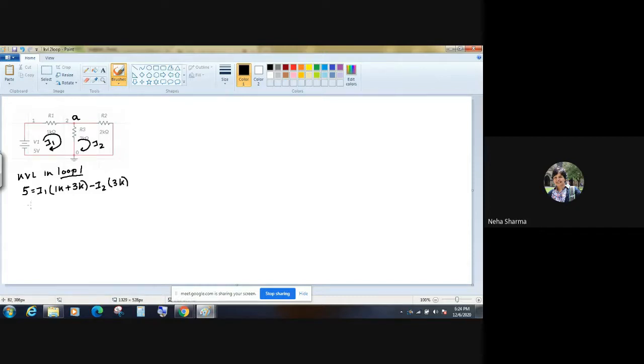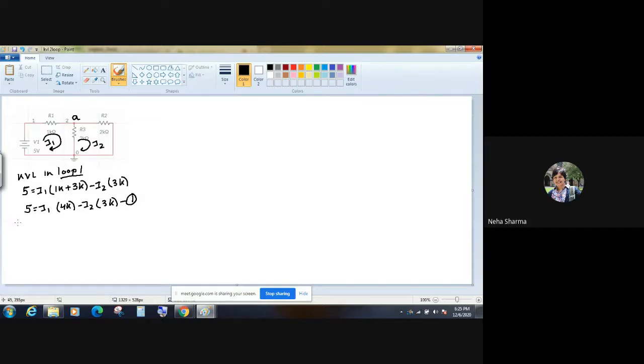So my final equation takes the form of 5 is equal to I1 times 4k minus I2 times 3k. This is my first equation.